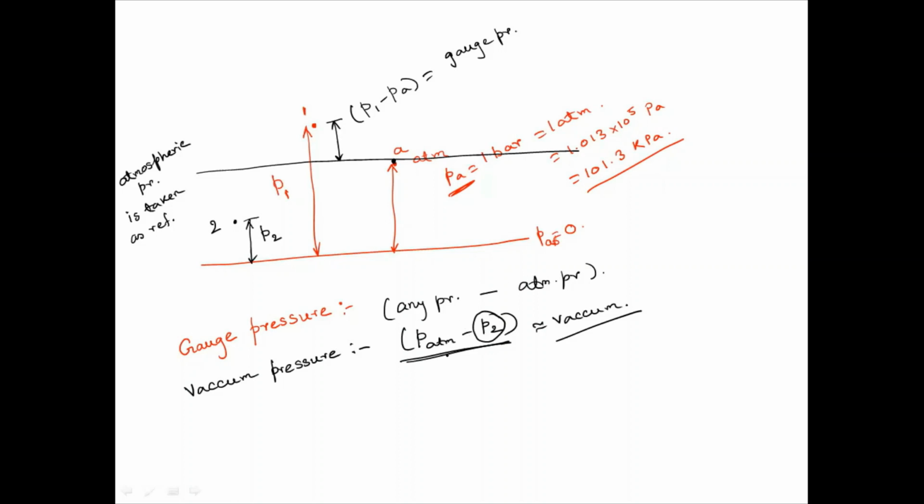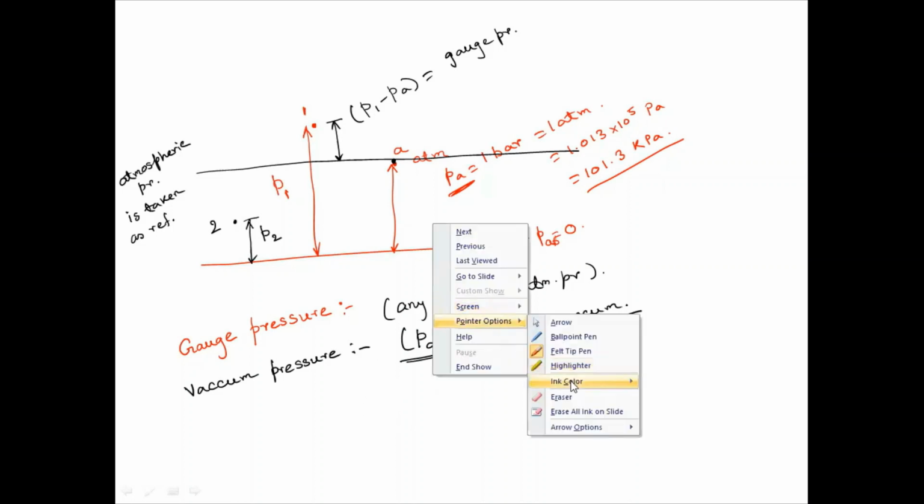It can be better understood by an example. Let us take one physical example in a power plant, that is the condenser.